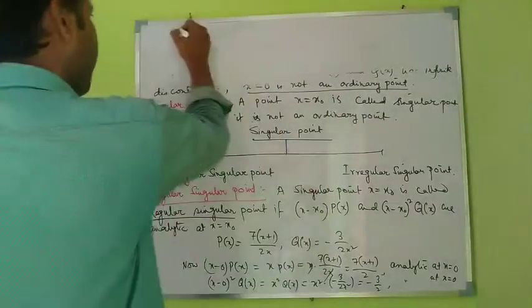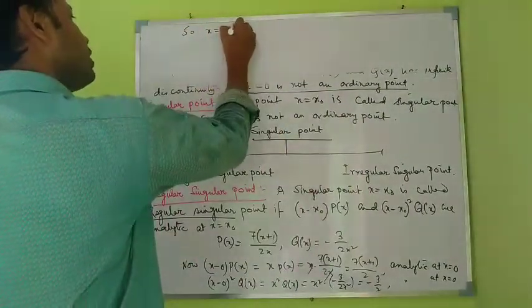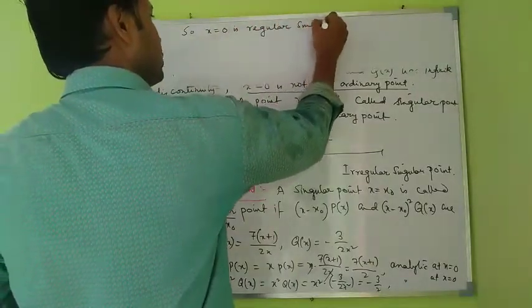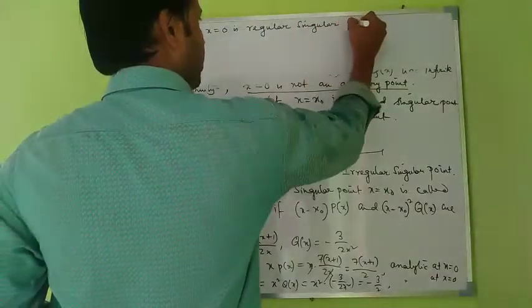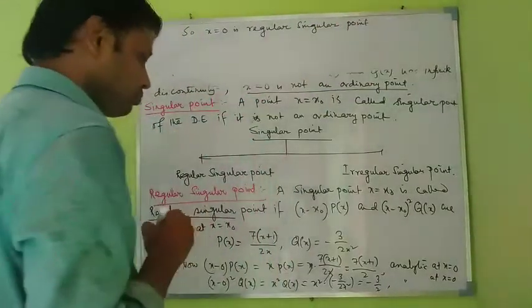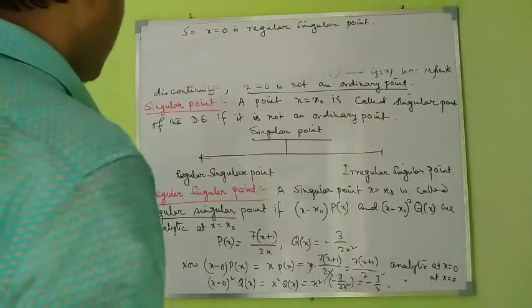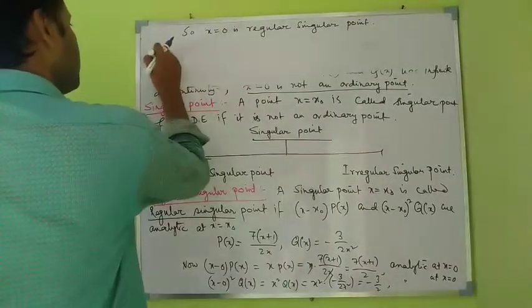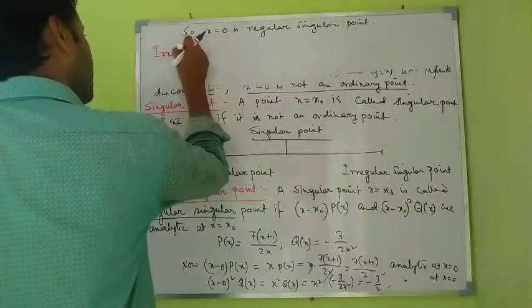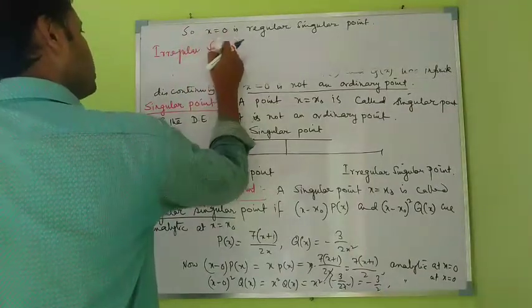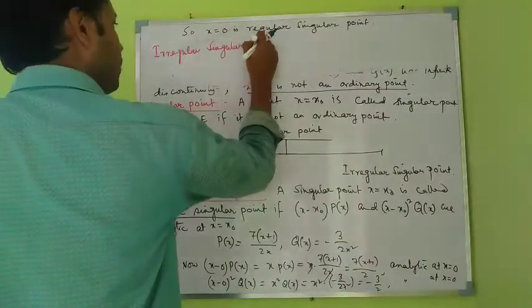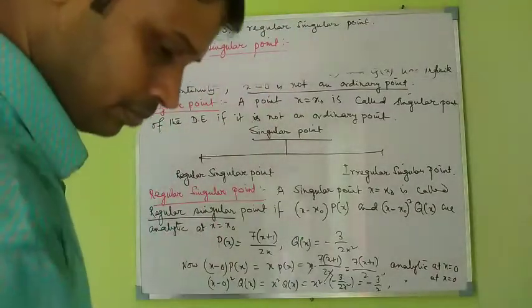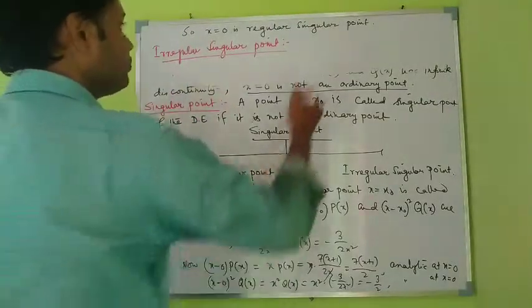So x is equal to 0 is a regular singular point. And a definition: irregular singular point. So which is not regular?